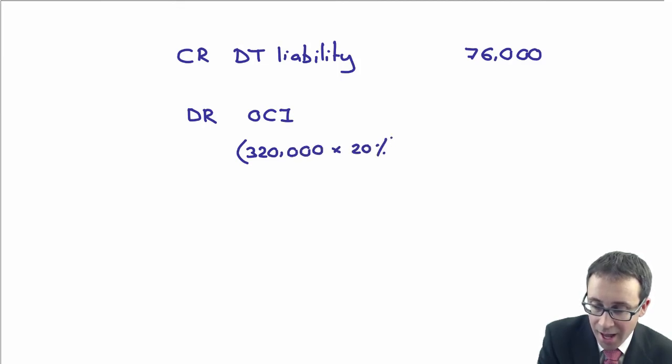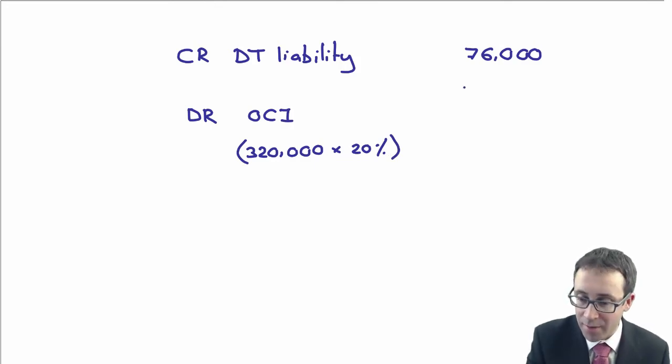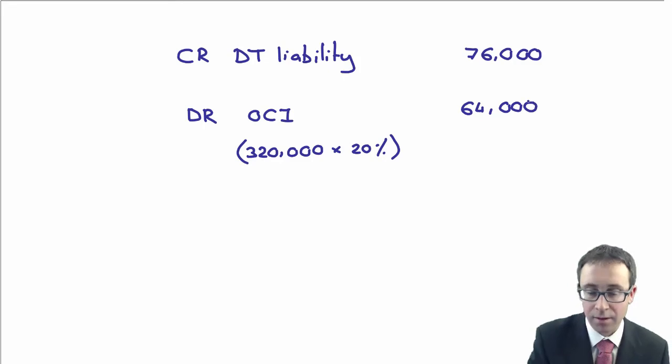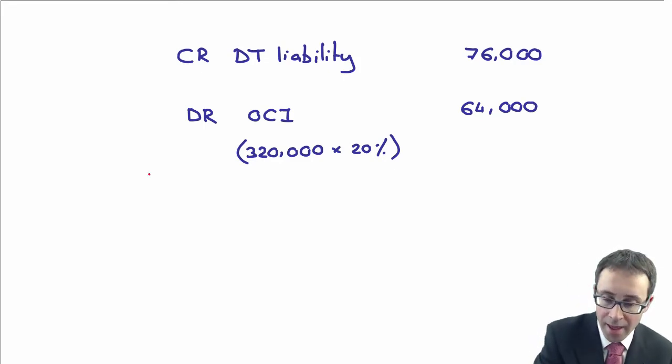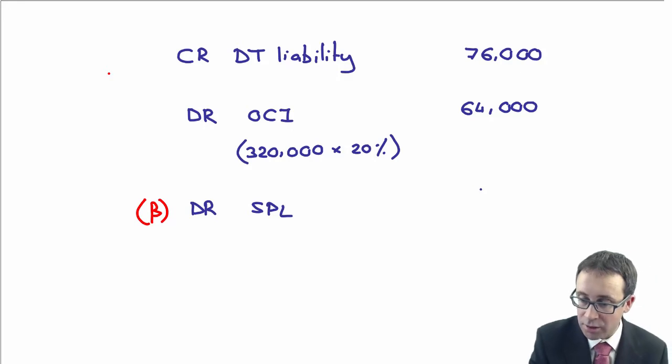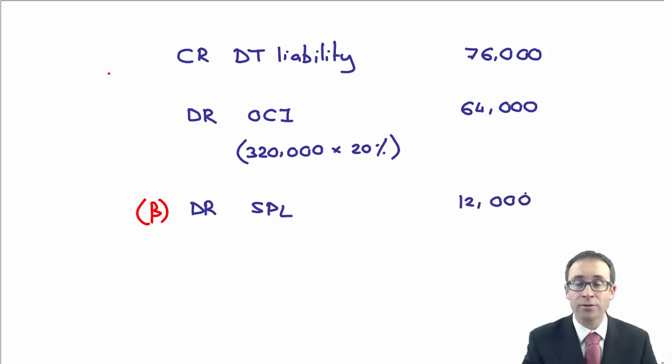We tax that at 20%. Does that give me 64,000? So when I go through there and then balance it up, the balancing figure that you have is a debit. That debit goes to the statement of profit or loss, and that there, I think, is 12,000.